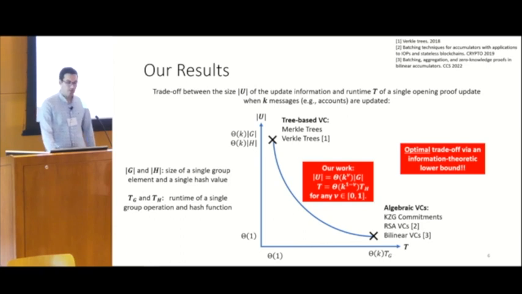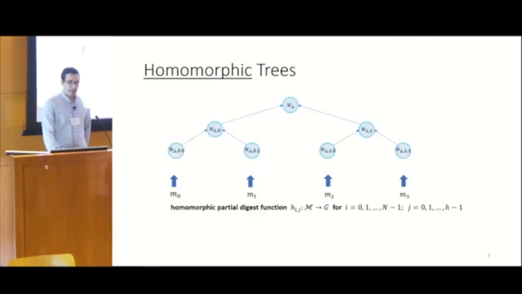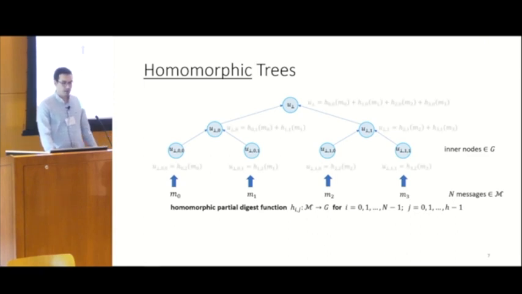At the heart of our construction lies the idea of a homomorphic tree. A homomorphic tree is characterized by a homomorphic partial digest function that calculates the effect of a message on the inner nodes that lie on the path from the message to the root. Here we have n equals 4 messages, and suppose the inner nodes are some group elements.